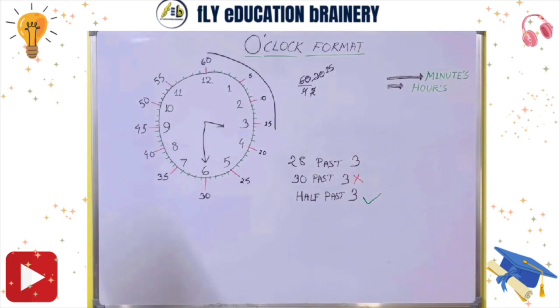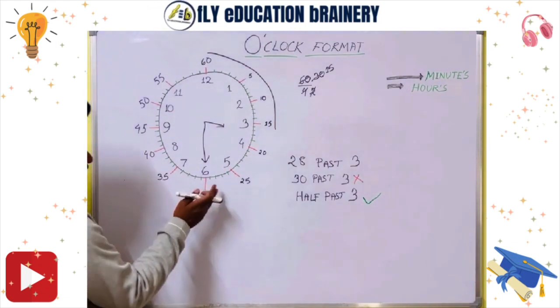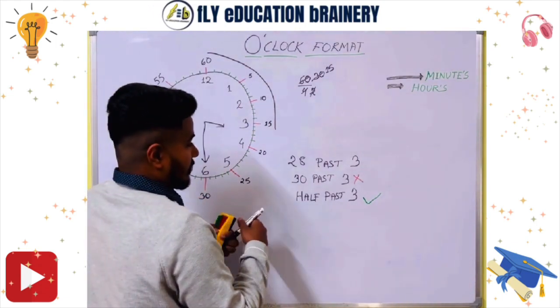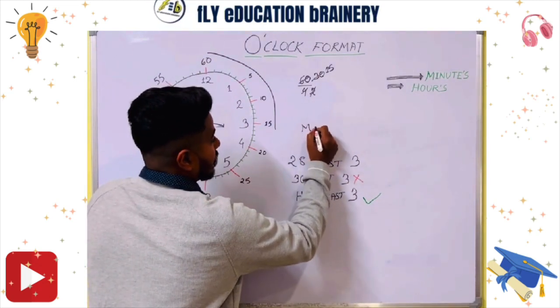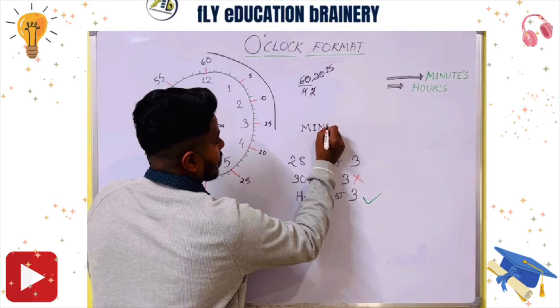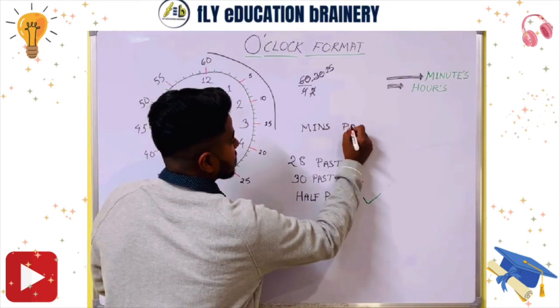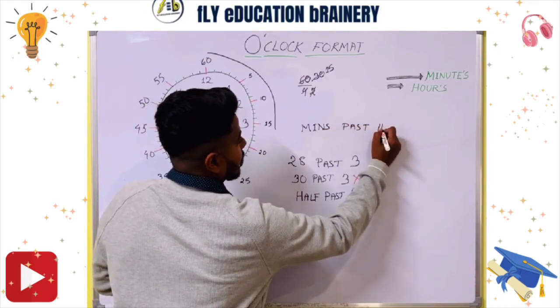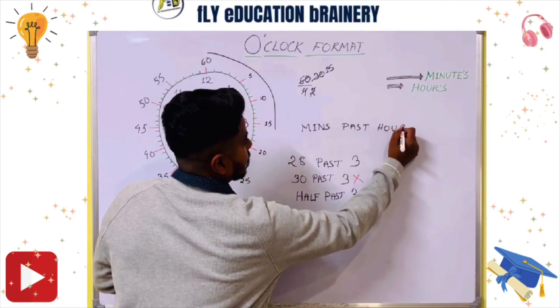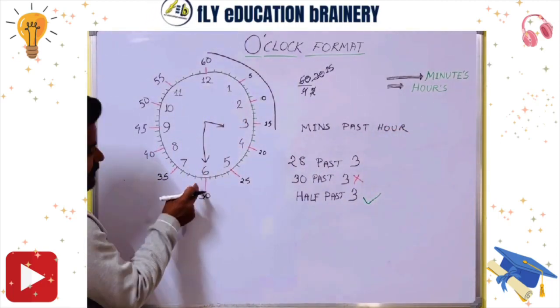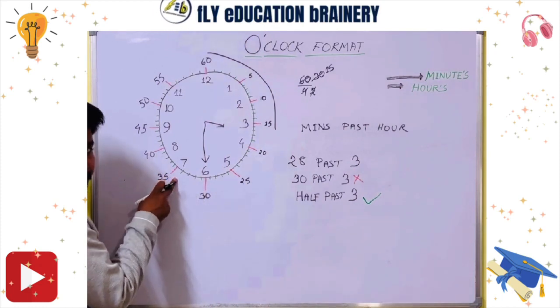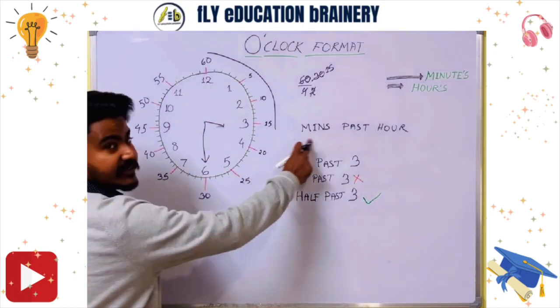Now moving further, till here we have used the formula of minutes past hour, right? Now from 30 to 35, we can use the same formula.